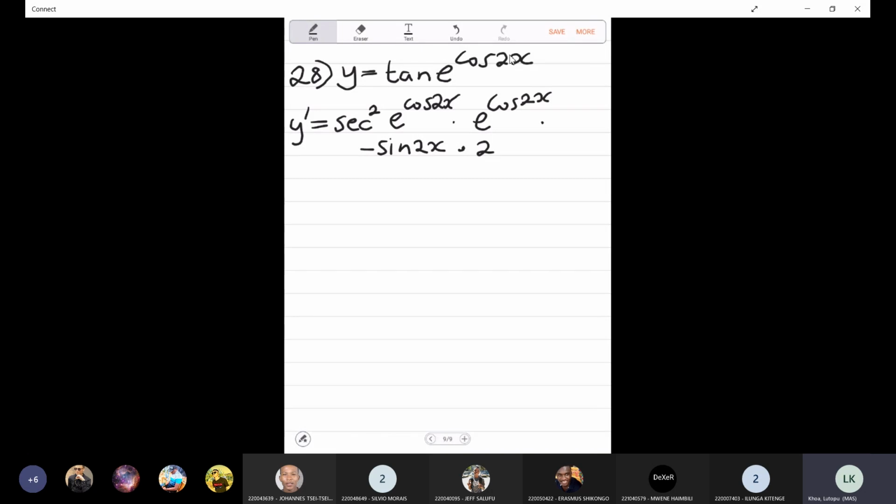Okay, and then we simplify this as far as possible. So our y prime is negative 2 e to the power of cos 2x sine of 2x sec squared of e to the power of cos 2x. So that is how we would write that one.